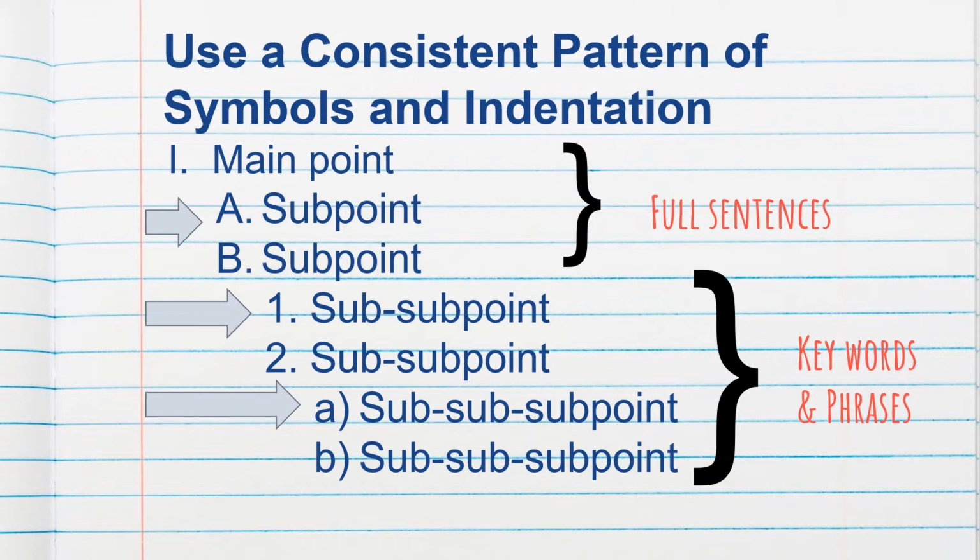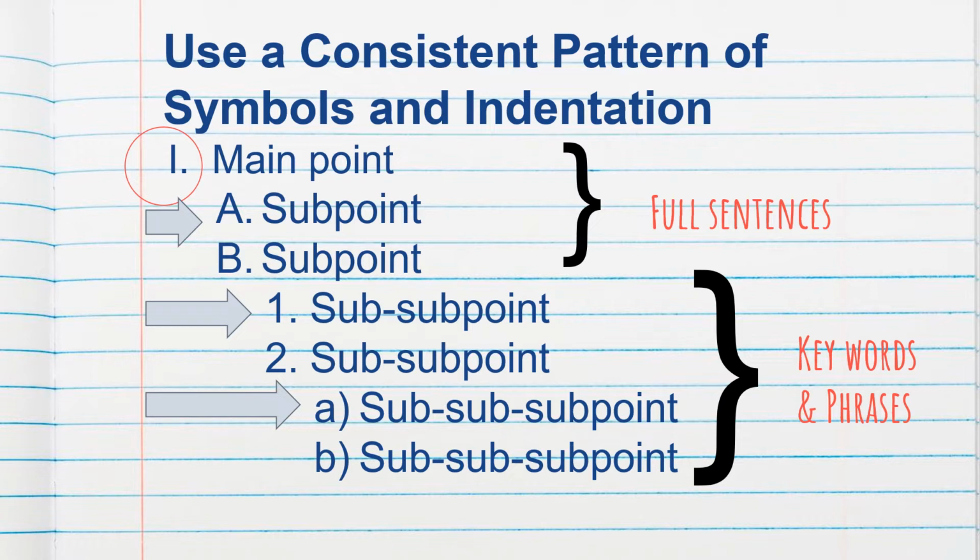Tip 1. Use a consistent pattern of symbols and indentation. As you can see here, the main point is designated by Roman numerals 1, 2, 3, 4, and 5. Remember, there's only 2 to 5 main points in any given speech. Supporting details will be labeled in uppercase letters first.